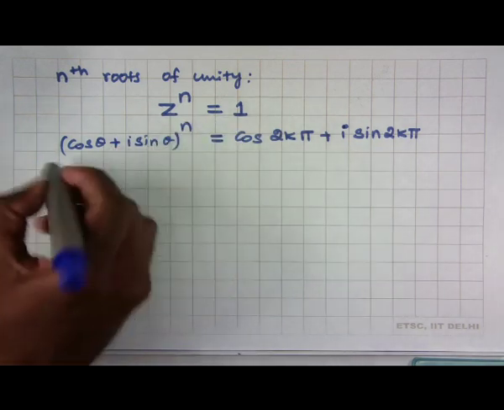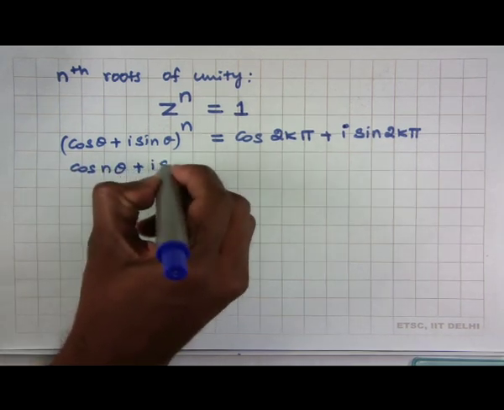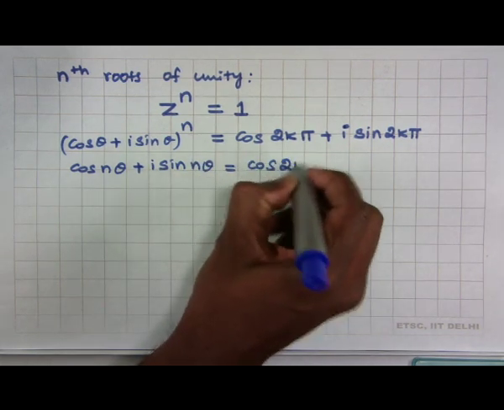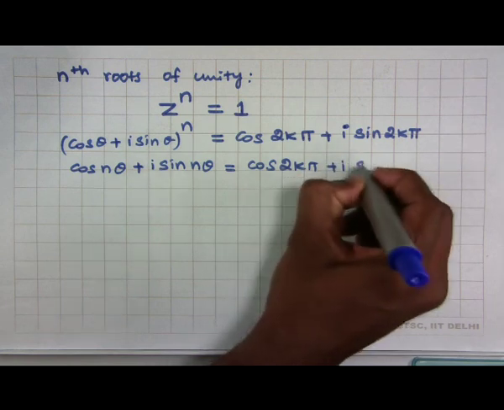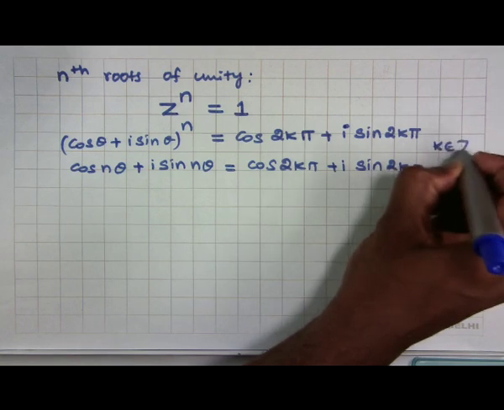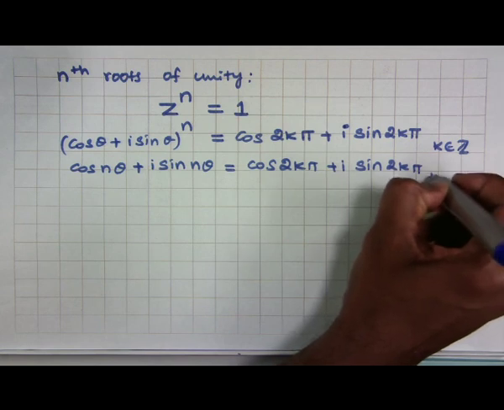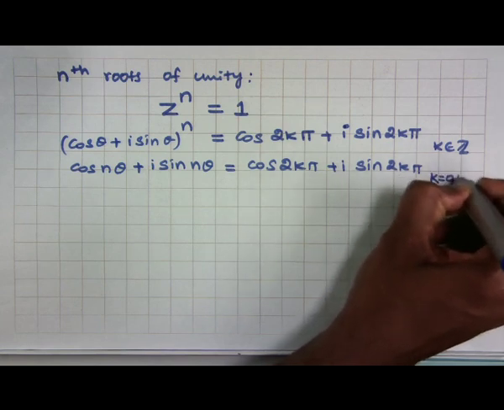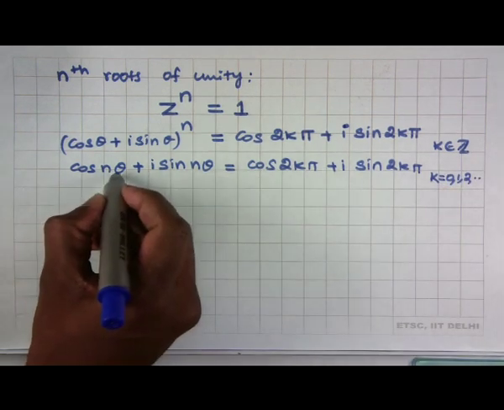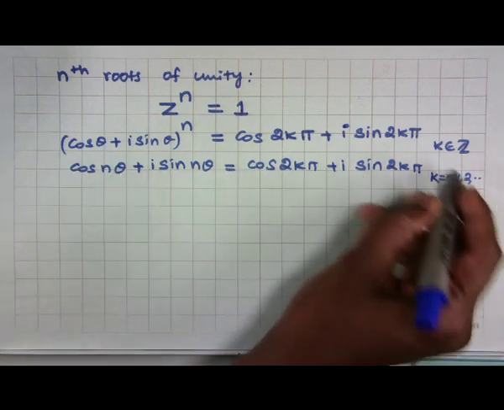By De Moivre's law, what we know is this is cos n theta plus I sin n theta, which gives cos 2k pi plus I sin 2k pi, where k is an integer. For simplicity, we are going to just say k goes 0, 1, 2 and so on. So, from this we would like to ask what are all the theta values for which this equation is satisfied for some k belonging to the integers.